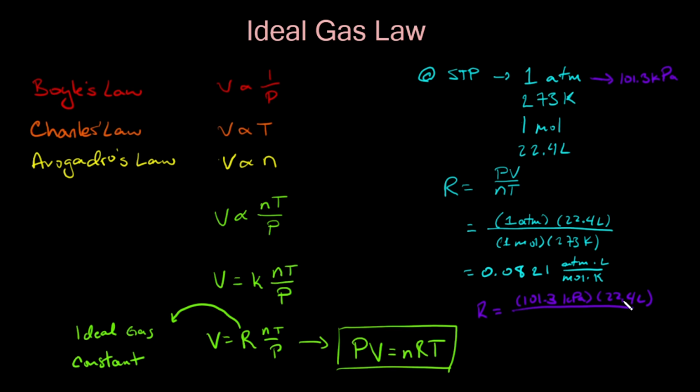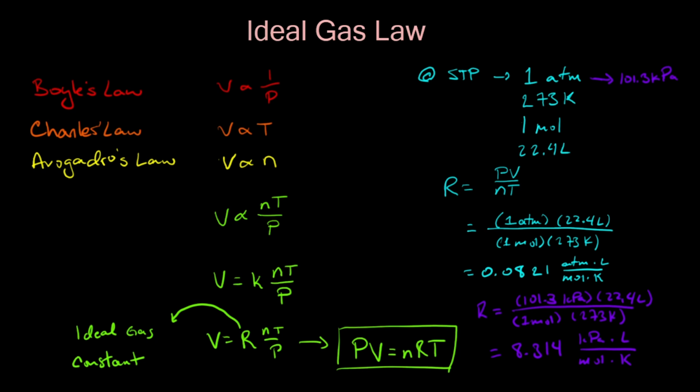Again, that's the molar volume at STP. 1 mole divided by 273 Kelvin. So much more easily, we can simply take our value from before, multiply by 101.3, and you're left with an R value of 8.314, except this time the units are kPa, liters, mole, Kelvin.